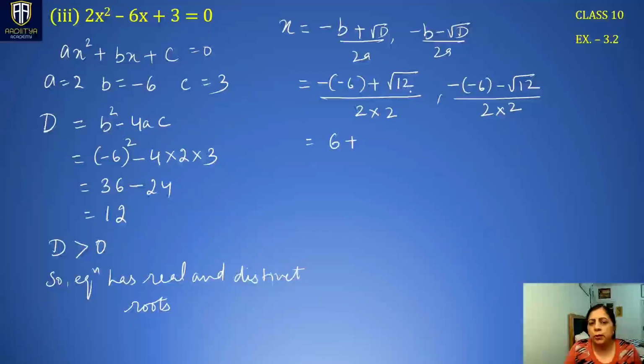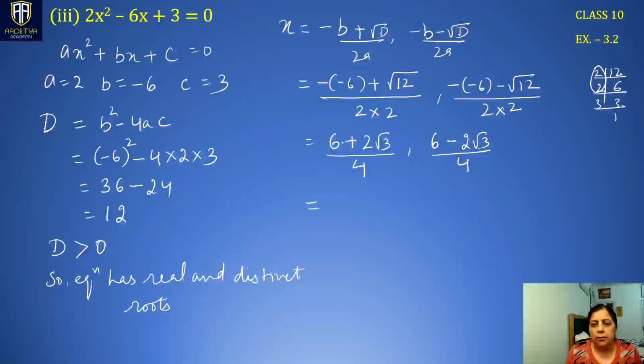Square root of 12 can be written as, 12 is 2, 6, 2, 3, 3, 1. Out of this pair of 2, I can take 2 outside the square root, and this is square root of 3. The denominator is 2 2 4. This becomes 6 minus 2 root 3 divided by 4.